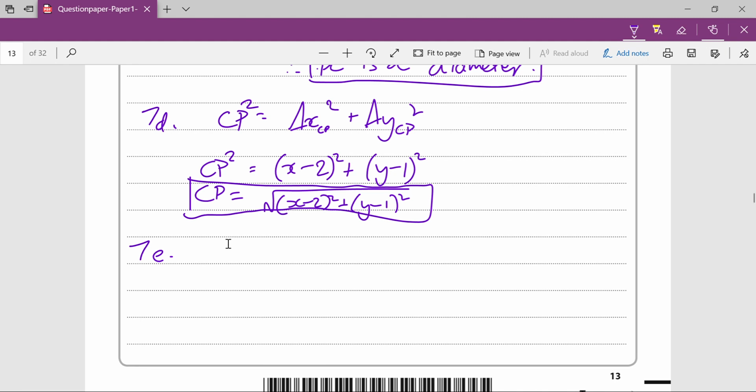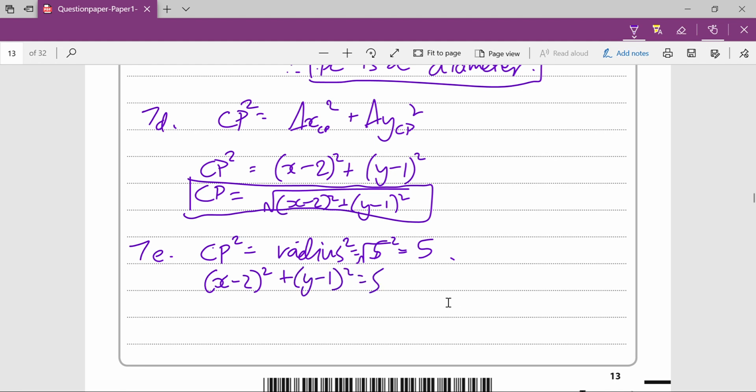So CP squared must equal the radius squared, which is root 5 squared, which is 5. So, how do we put this into equations? x minus 2 squared plus y minus 1 squared must be equal to 5 for P to be on the circle.